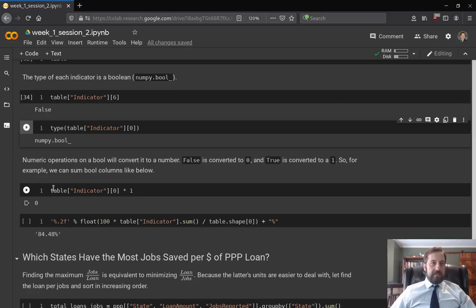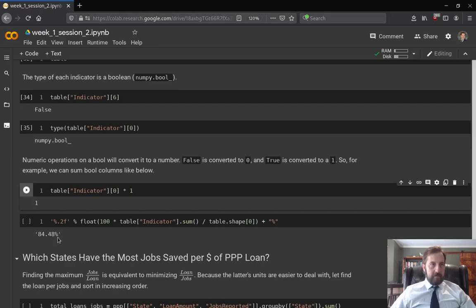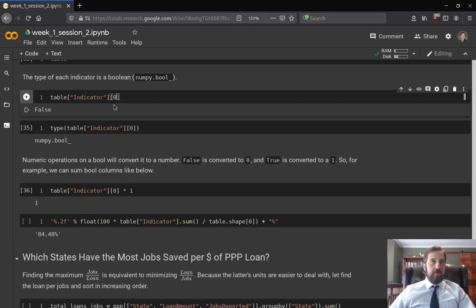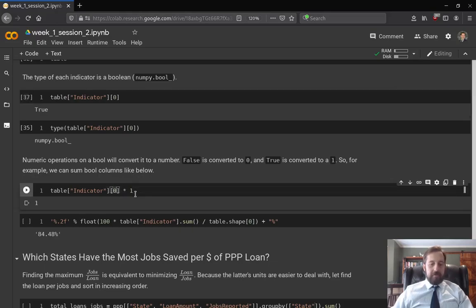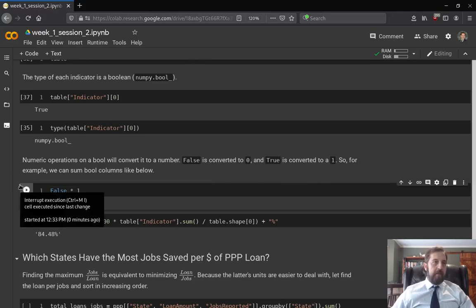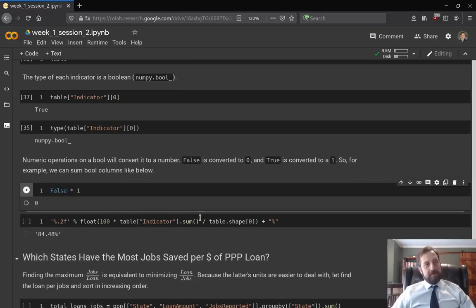If I take this false and multiply it by 1, it returns 0. Table indicator 0 should have been true, so it returns 1. Index 6 was false, so multiplying it should return 0. So true is 1, false is 0, and we can operate on Booleans in such a fashion.